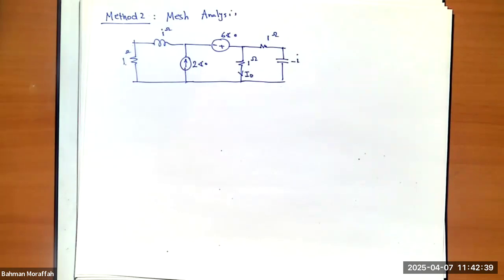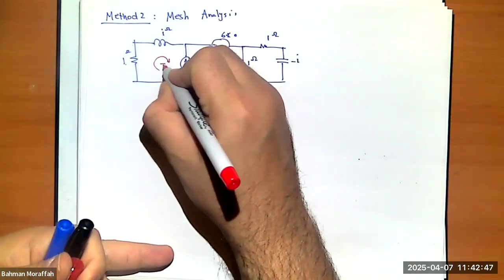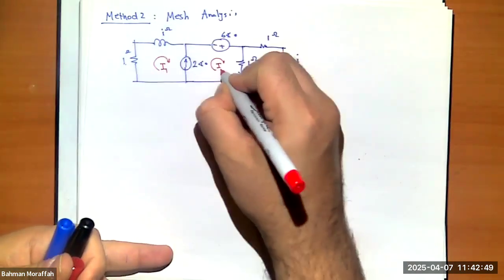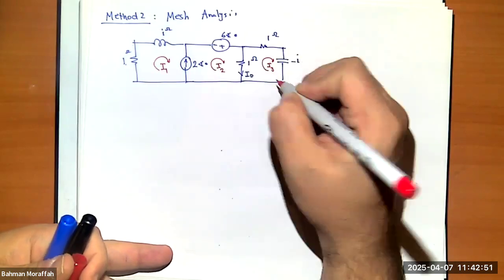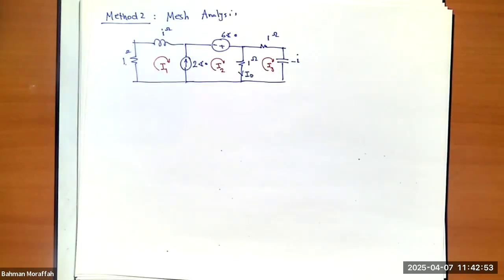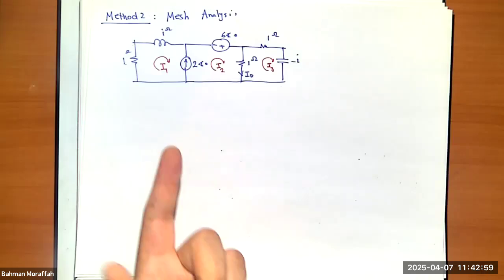If we're doing mesh analysis, what is the first step? To label the loops. So let's call this I1, this I2, this I3. Right? What is the second step? Writing KVL for every single loop. Can I write a KVL for the first loop?